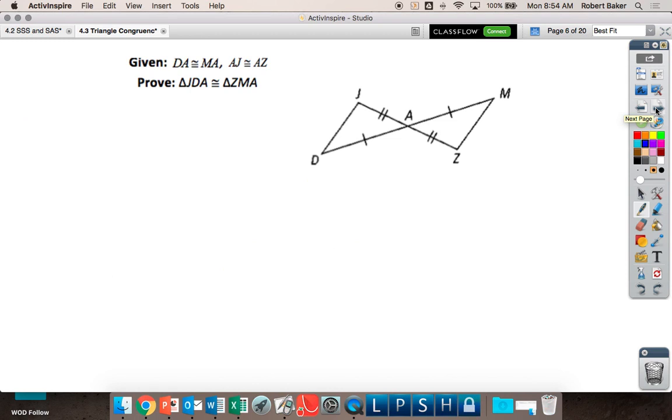It says, given this information, can you prove these two triangles are congruent? So, right now you have two given statements.